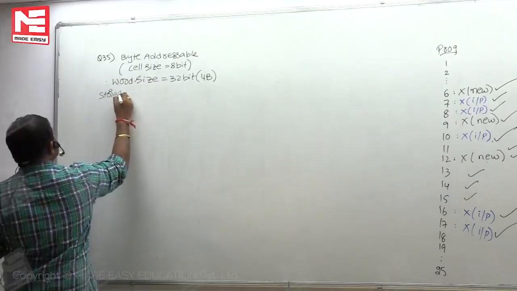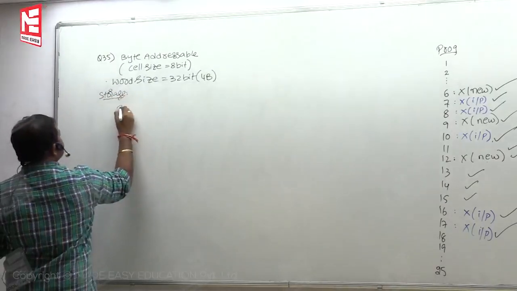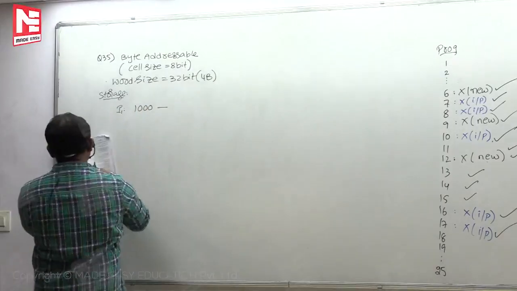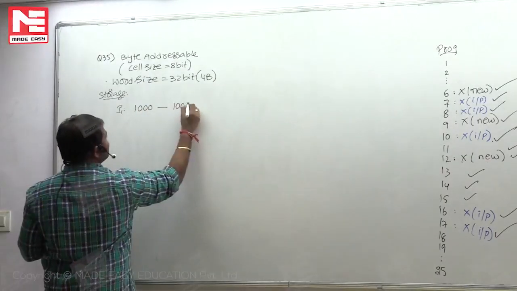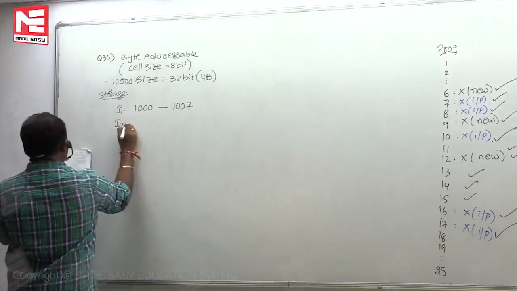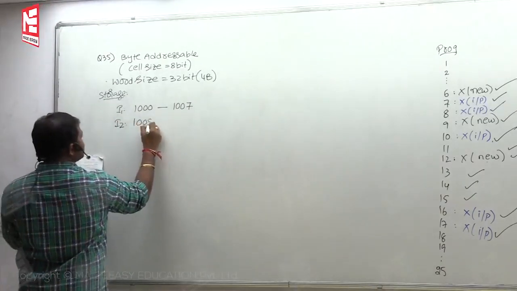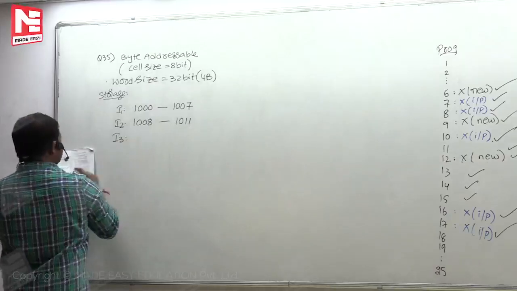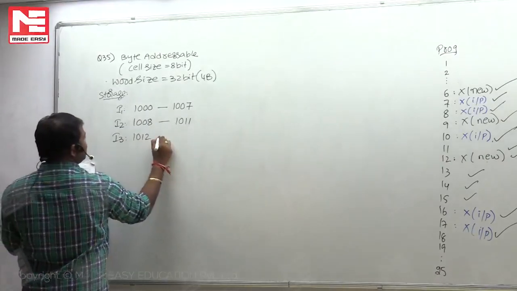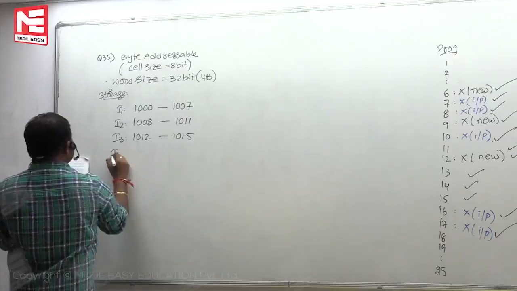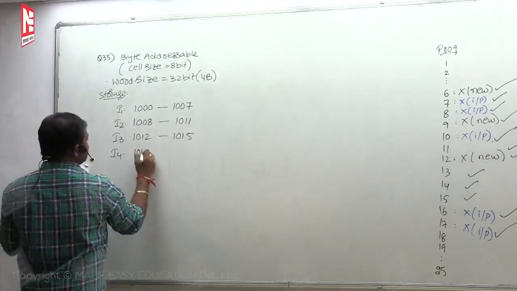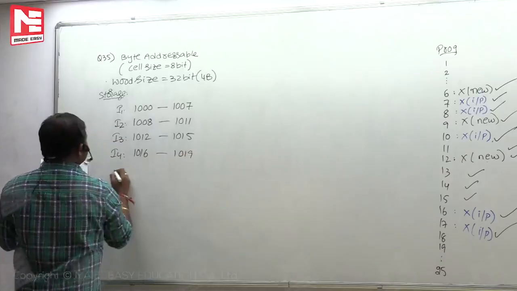Now storage. The program will be stored from 1000 location onwards. I1, 2 words, 8 cells, 1000 to 1007. I2, 1 word, 4 cells, 1008 to 1011. I3, 1 word, 4 cells, 1012 to 1015. I4, 1 word, 1016 to 1019.